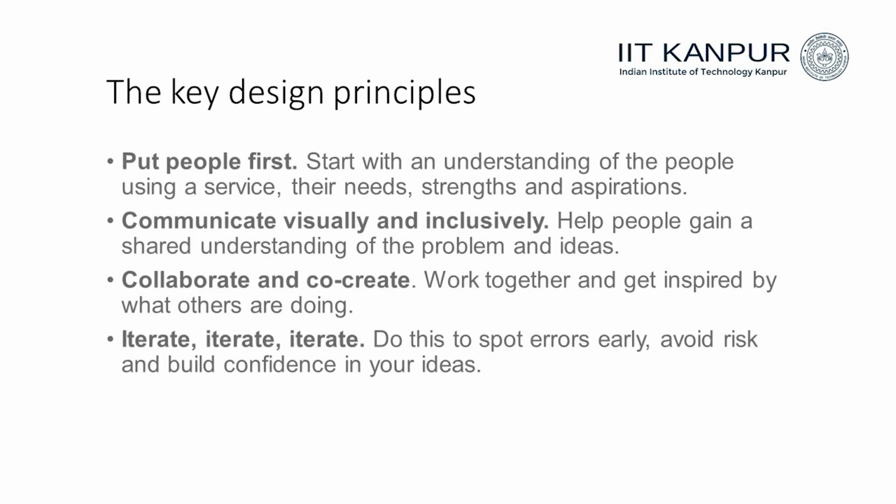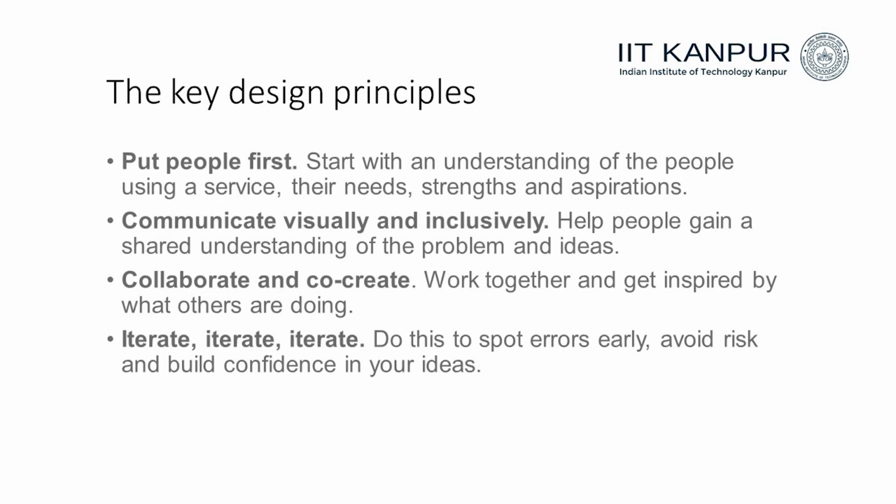Secondly, as we saw, we need to communicate our ideas clearly. So, communicate visually and inclusively. So, one of the things at the end of your MS program and throughout your MS program, you should pick up these skills of being a good visual communicator, and also you need to think about inclusivity, okay. So, what does that mean? The people are of different backgrounds, they come from different cultures, different races, they speak different languages, they are of different heights, they are children, they are older people.